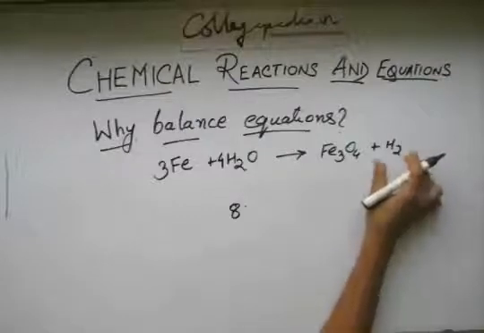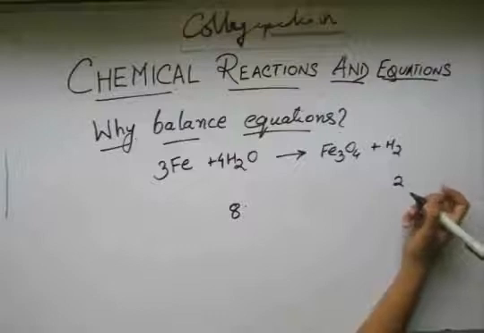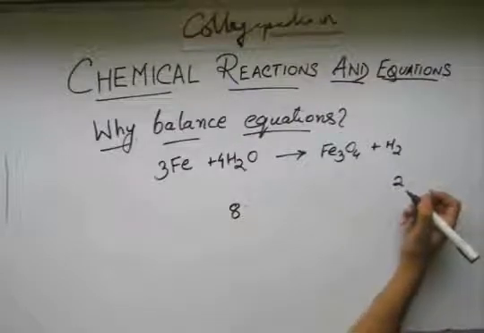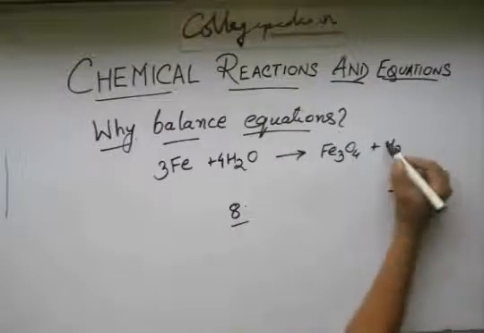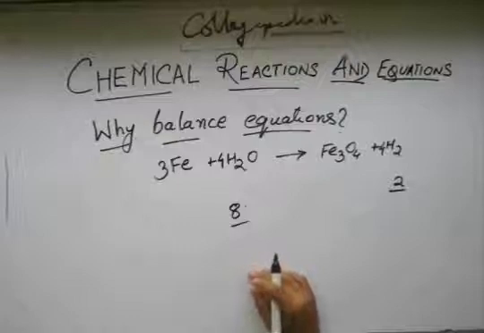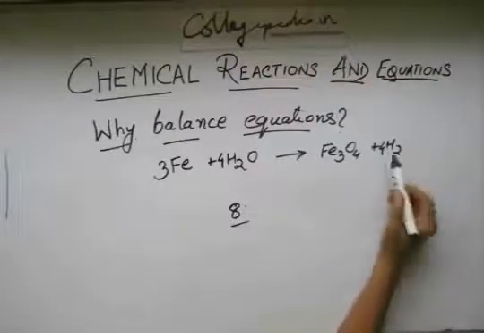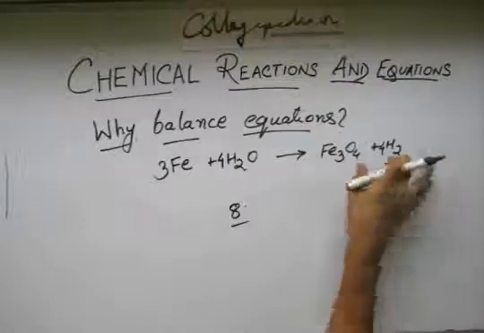And on this side, there are only 2 atoms. So in order to make this 2 to 8, you must multiply it with a 4. So 4 into 2, 8. Hydrogen is also balanced.